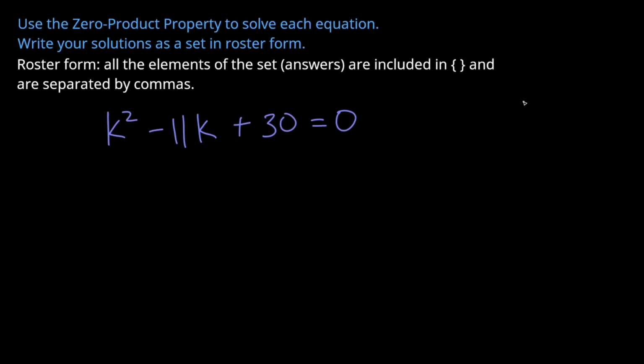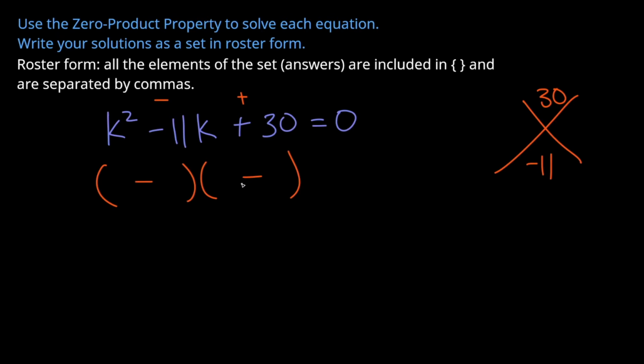We can set up a little factoring x. We need factors of positive 30 that add up to negative 11. Because it goes negative then a positive, I know right away that I'm going to have a negative and a negative, because when I multiply two negatives together, I'll get a positive.